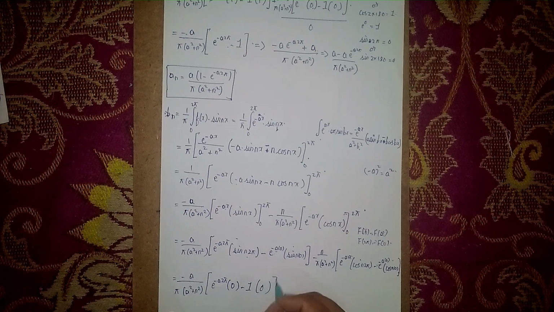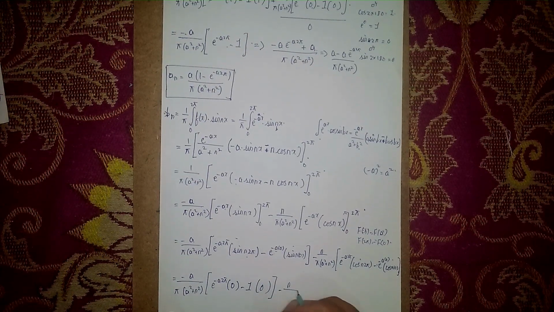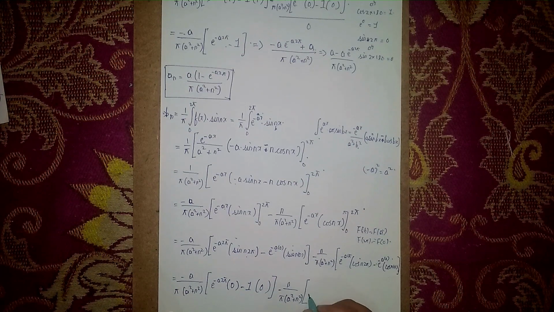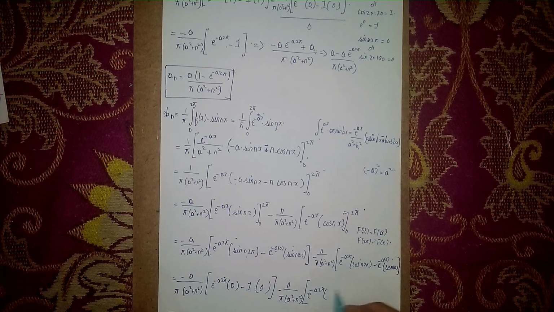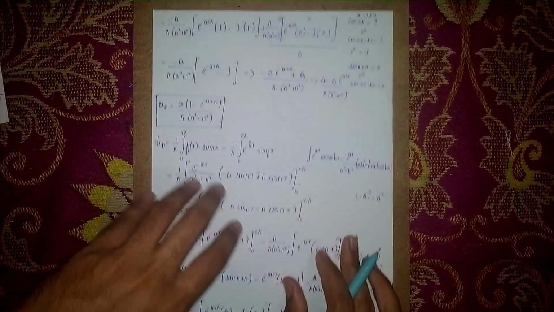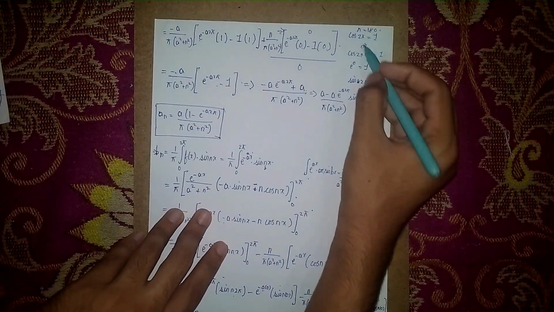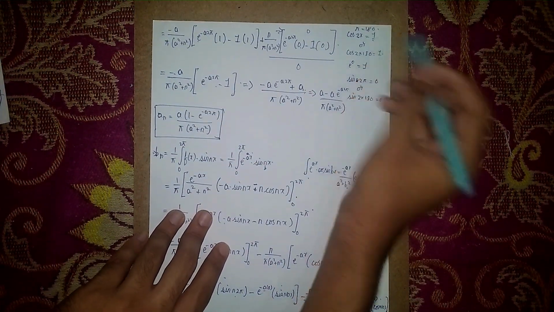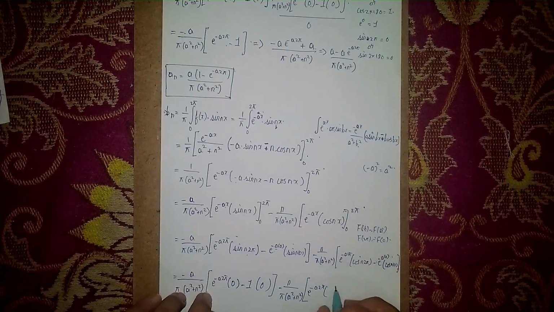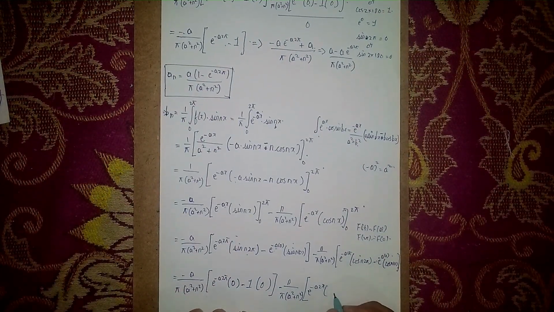Close the bracket, minus n by pi into a square plus n square, open the square bracket, minus e power minus a 2 pi. Now what is the cos n 2 pi value? Cos 2 pi value is equal to 1, so it becomes 1. This will become what, here?